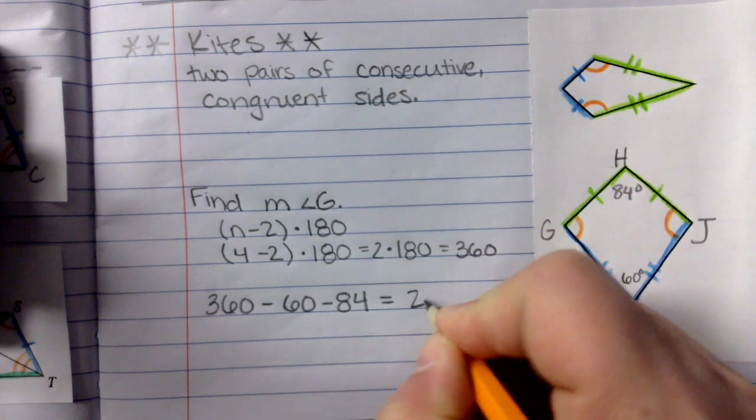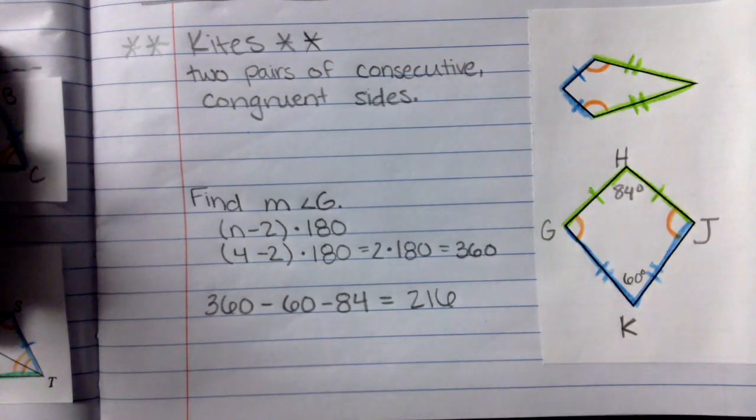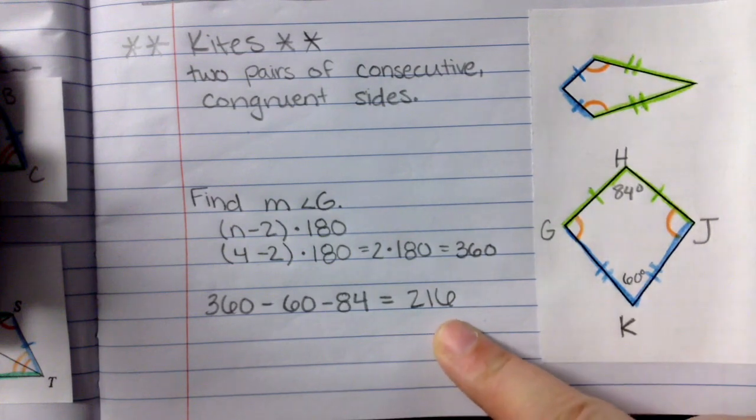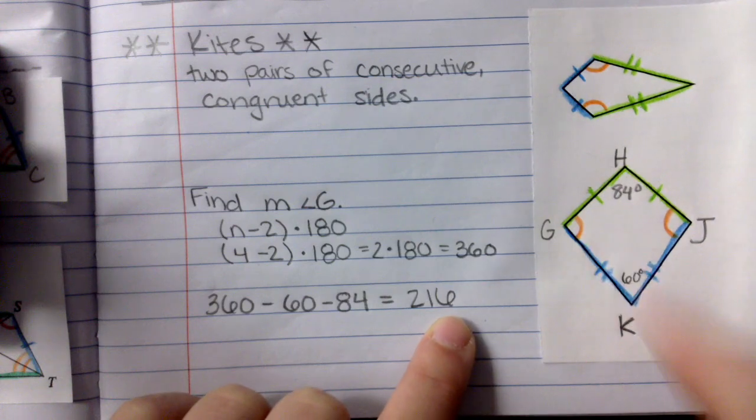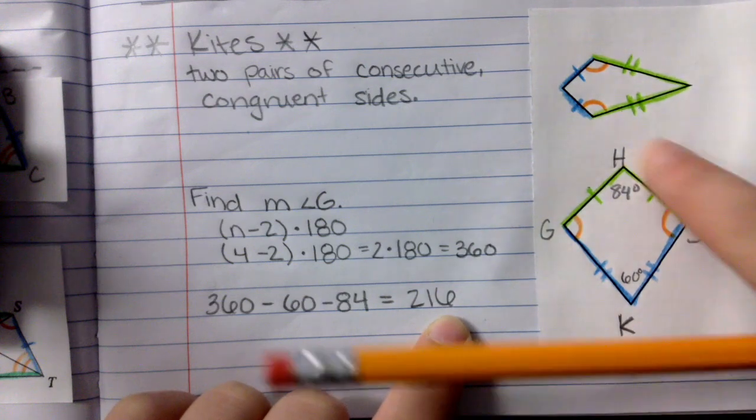Now that gives us our leftover amount. Is that leftover amount just for angle G? No, it's for what angles? Which ones do we not use yet? G and J. But G and J are the same. So they're equal amounts.